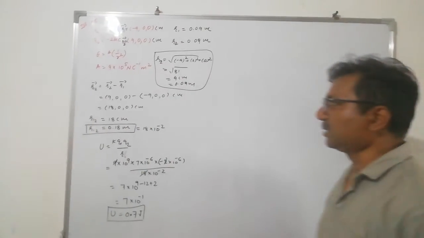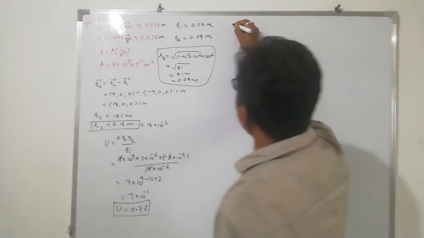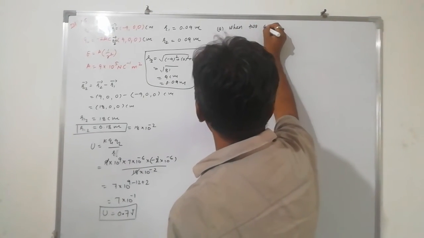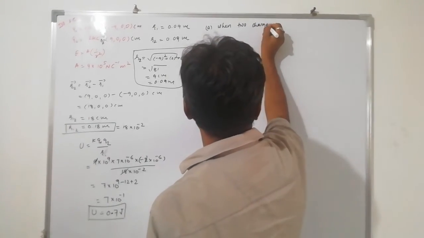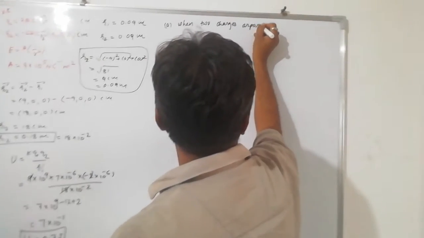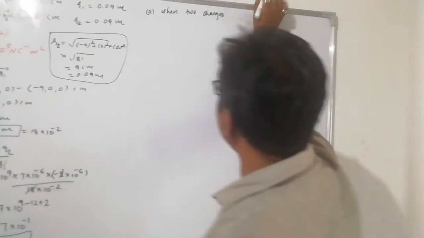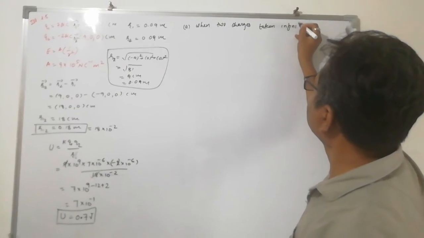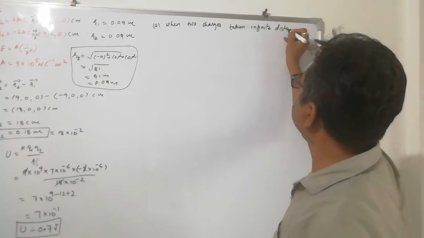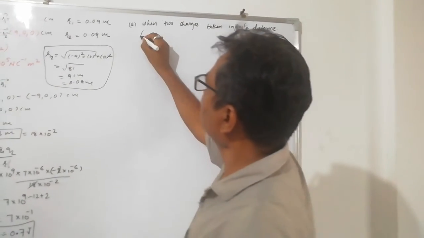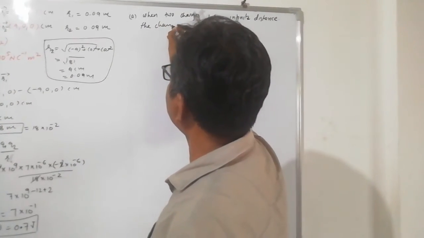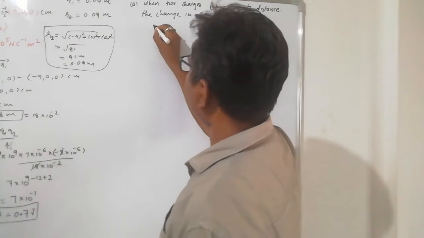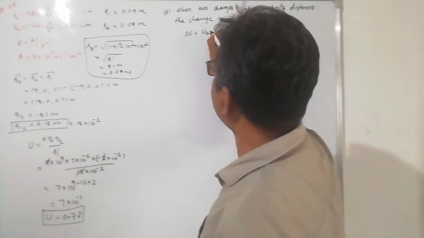But now your second question: when the two charges are taken to a distance, the change in potential energy, that is delta U, is equal to U2 minus U1.